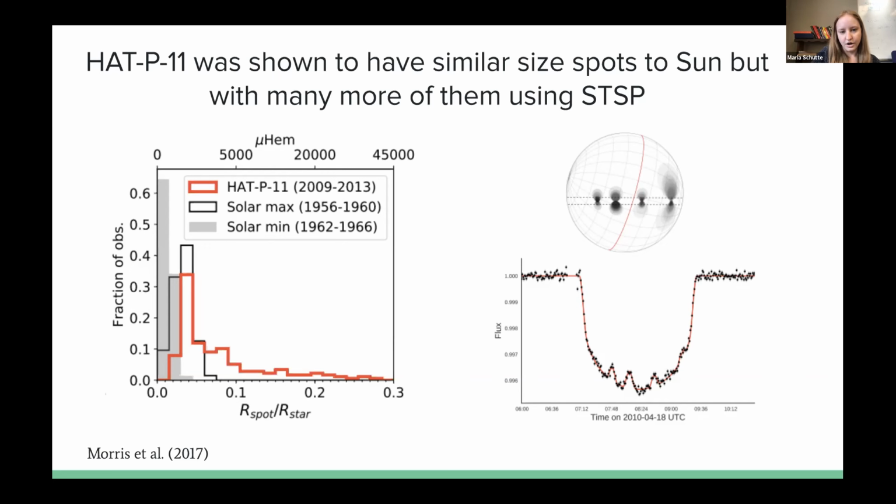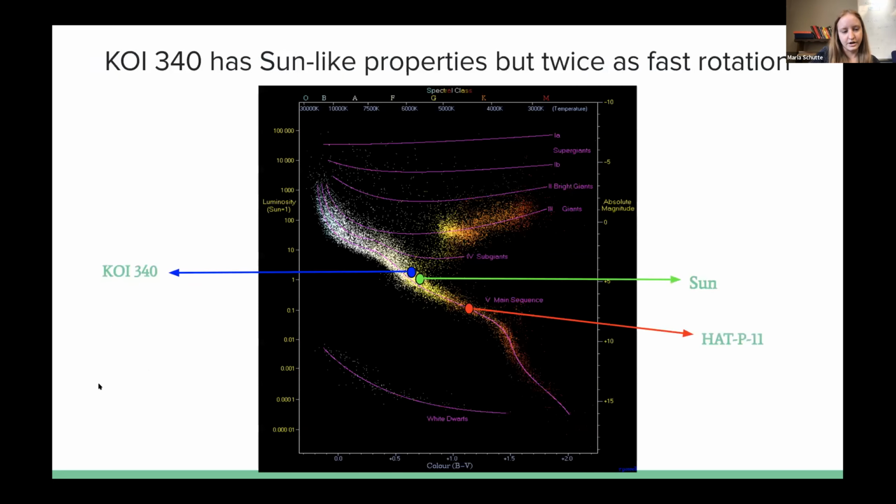So for our research, we are looking at the star KOI-340, which is a Kepler object again. This is a sun-like star. It has a similar effective temperature of about 5,800 Kelvin, and it's slightly larger in mass and radius, 1.1 times the mass and radius of the sun. So here on our toy HR diagram, it's slightly larger than the sun.